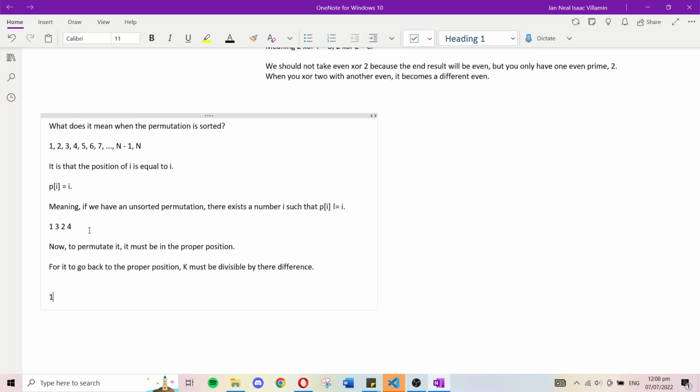Okay, so for instance, we have 1, 2, 3, 4, 5, 6, right? If k is equal to 2, say this is the position for this one. Then we can have k equals 2. Then we can swap these, say that, and then we swap this, and then we swap this.